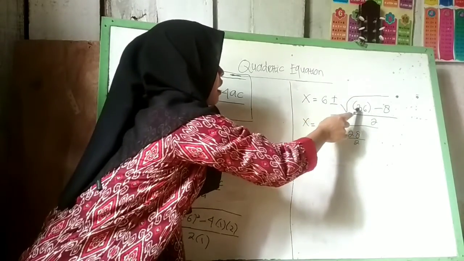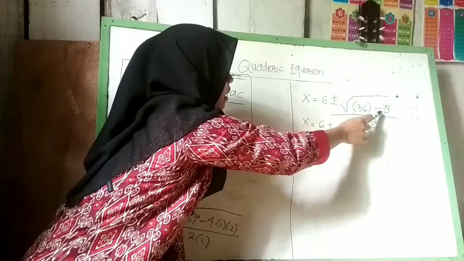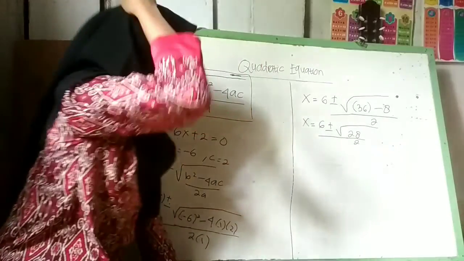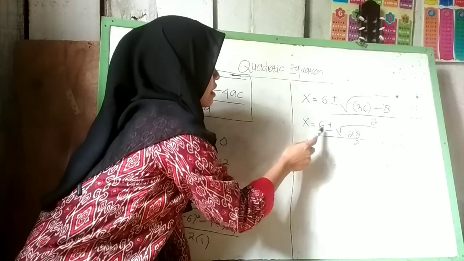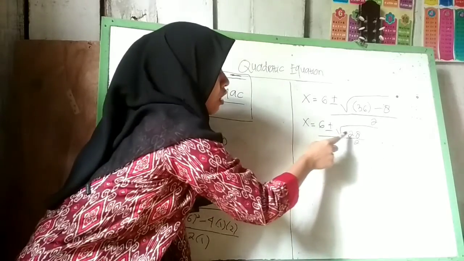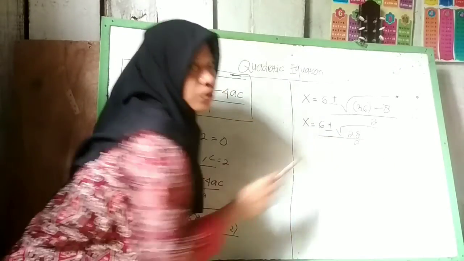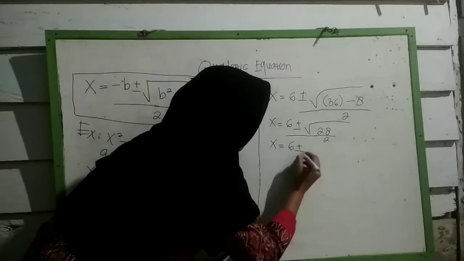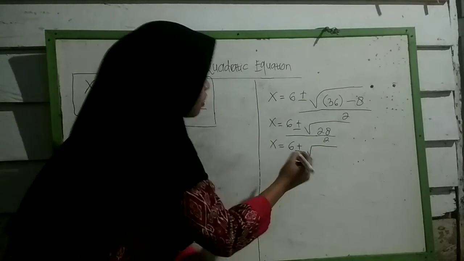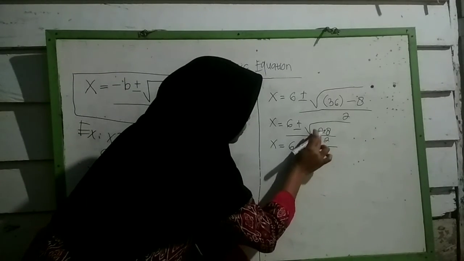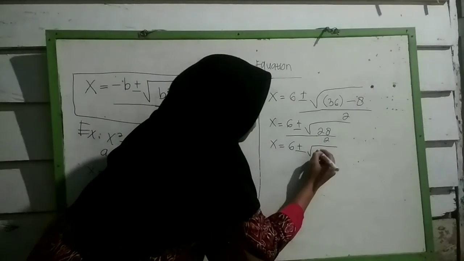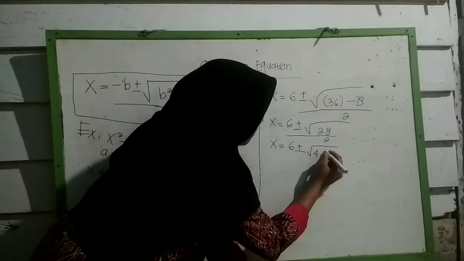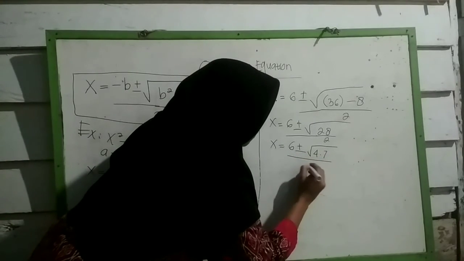And then x equals 6 plus or minus the root of 36 minus 8 over 2, and then x equals 6 plus or minus the root of 28 over 2, equals 6 plus or minus the root of 4 multiplied by 7 over 2.